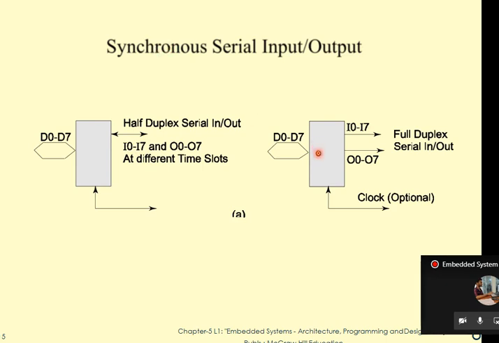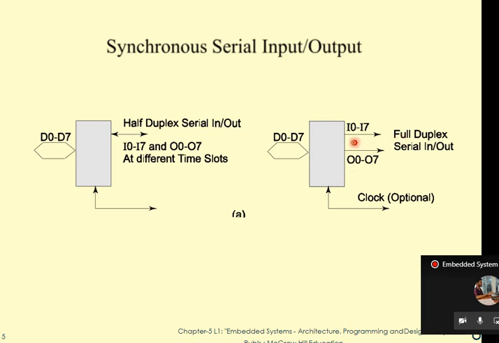And here if you see, there will be a difference of half duplex serial input and output, and full duplex serial in and out. So what is half duplex and what is full duplex? Half duplex means I'm having only one bus, either I will do the transmission, otherwise reception. Okay.